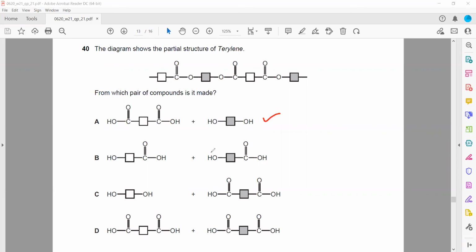Why is this wrong? Because polyester is formed from dicarboxylic acid reacted with diol. For the two molecules, both ends should have a carboxylic group.